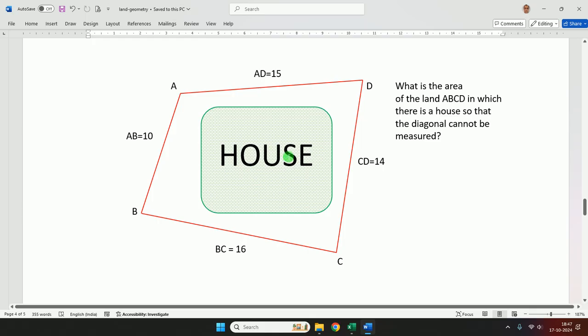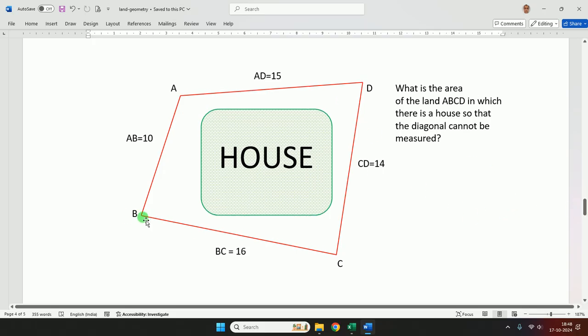So, the idea is that we choose one of the corners in the boundary. Preferably choose the corner which has a sufficient amount of empty space around it. So, for example, we choose this corner B, and our first preference will be to choose a corner where the angle is acute, so that we can use our first formula today.